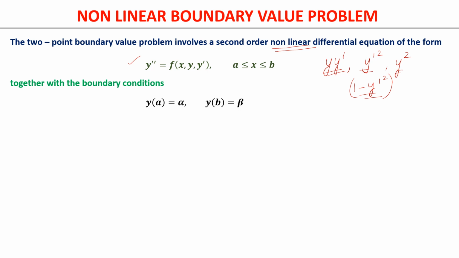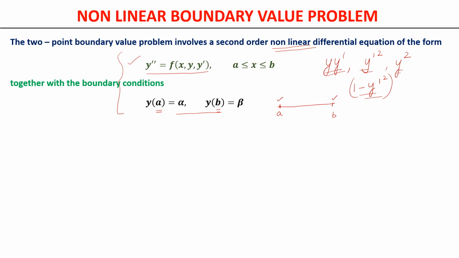As usual, a is one end and b is the other end of the domain. If we have the boundary conditions specified at the two points, then these comprise a nonlinear BVP. So a nonlinear differential equation attached with two boundary conditions is said to be a nonlinear two-point boundary value problem.